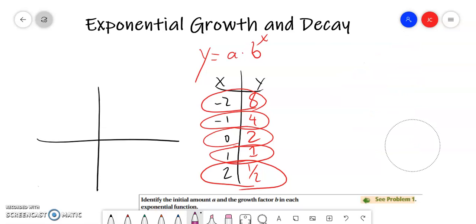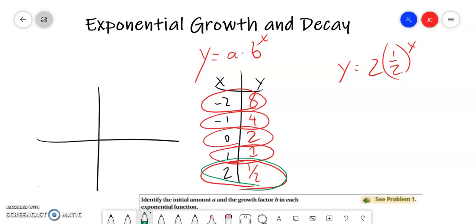All right, so let's start to graph some of this stuff. Let's do our first point here: 2, 1/2. So 1, 2, and then let's say 1/2 is about right there.